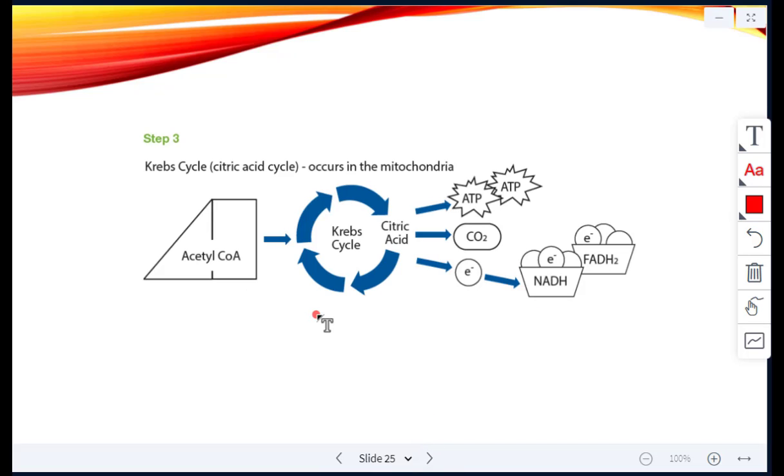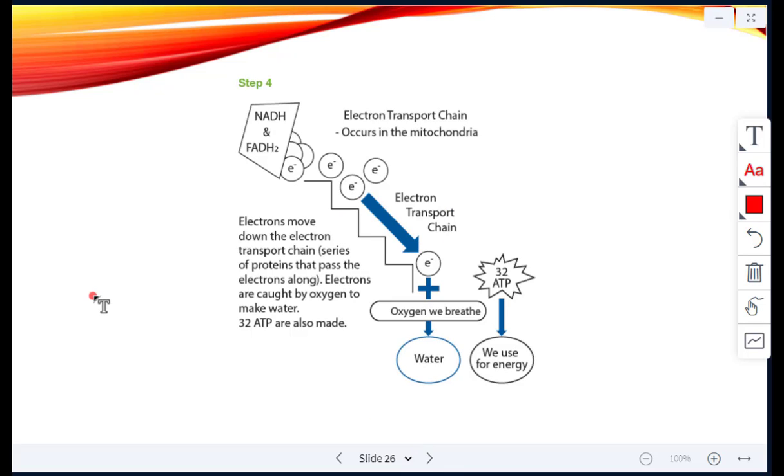Step 3, it's the Krebs cycle. It's also called the citric acid cycle. Now this is occurring in the mitochondria. The acetyl-CoA will enter the Krebs cycle, and we see the formation of ATP, carbon dioxide, and NADH, as well as FADH2. During the electron transport chain, this is also occurring in the mitochondria.